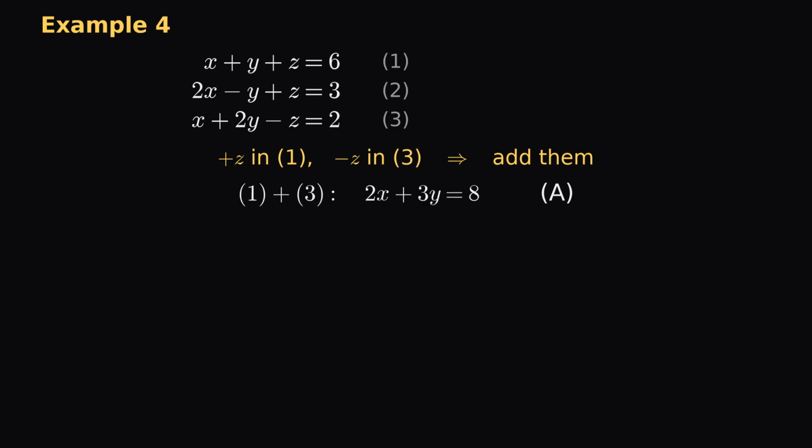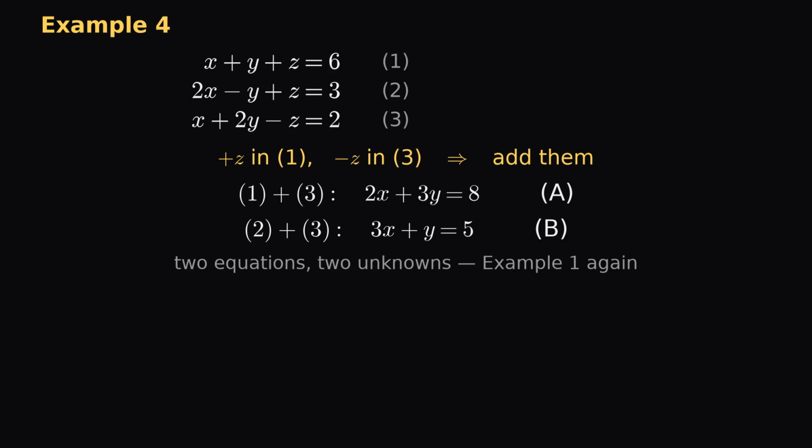So add 1 and 3. The z goes. 2x plus 3y equals 8. Call that a. Do the same to 2 and 3. Again, the z cancels. 3x plus y equals 5. Call that b. And now you've got 2 equations and 2 unknowns, which is example 1 all over again.